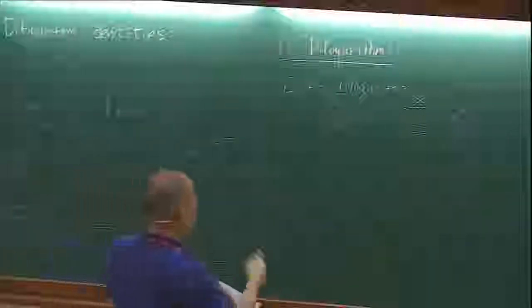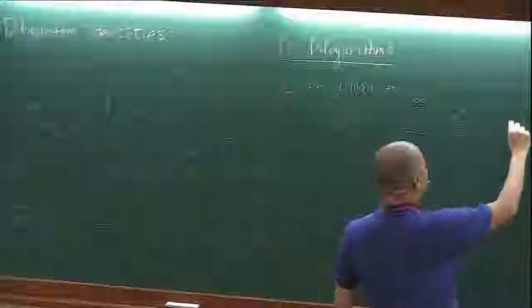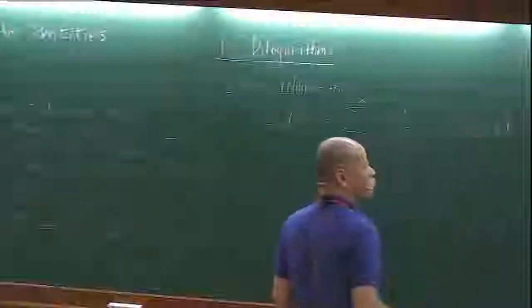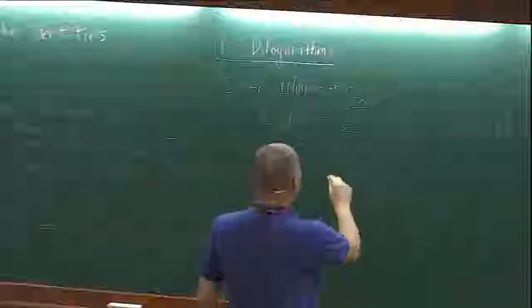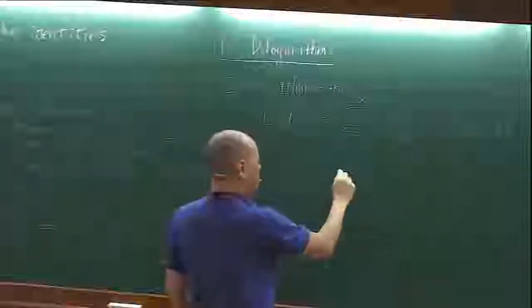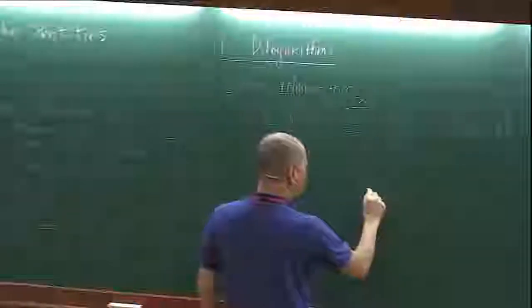Especially this Dilogarithm is quite relevant in the business of cluster algebra. This power series has a convergence radius of 1, so it defines an analytic function on the complex plane. And you can have the following integral expression very easily.